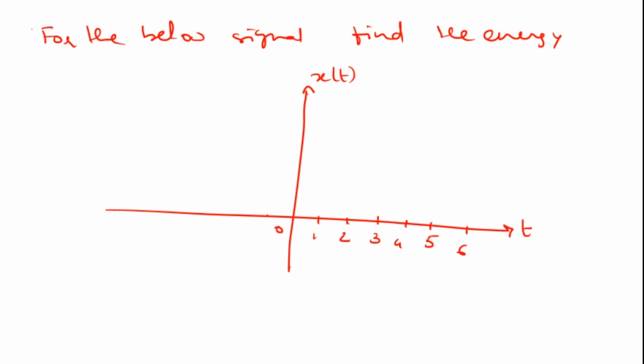Left side also minus 1, minus 2, minus 3, minus 4, minus 5, minus 6. So minus 4 to plus 4 amplitude is 1. This is a trapezoidal pulse.